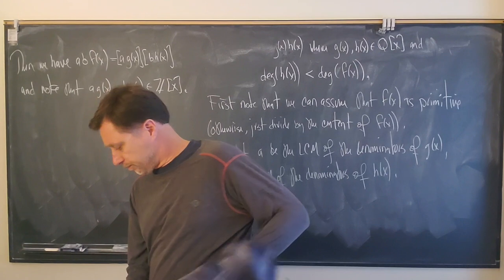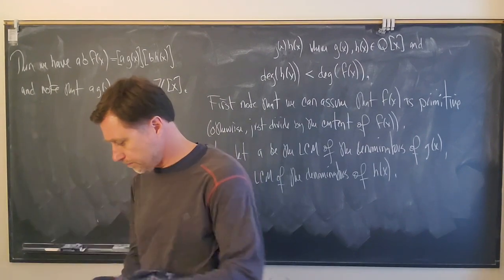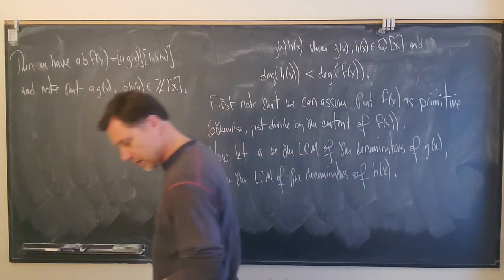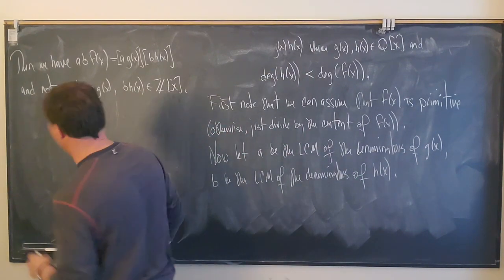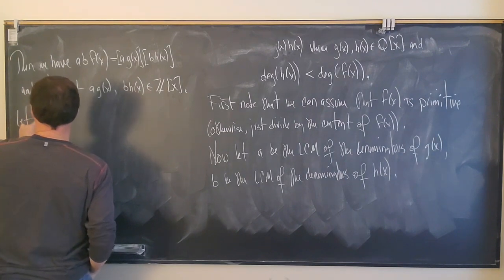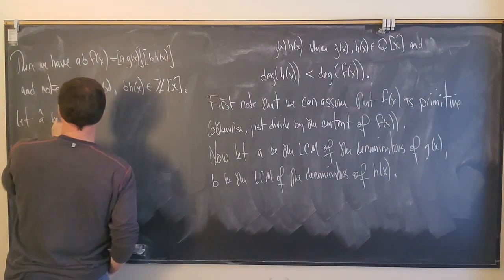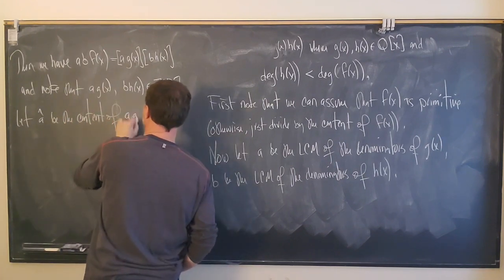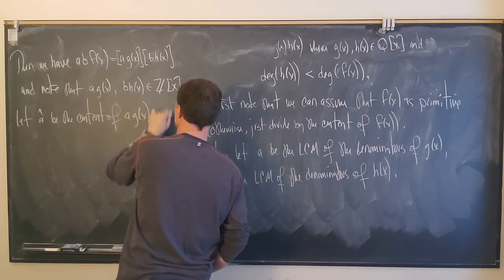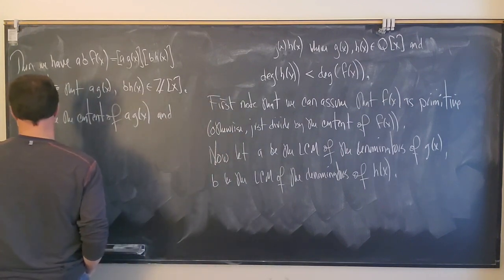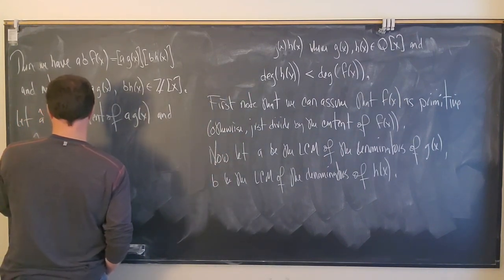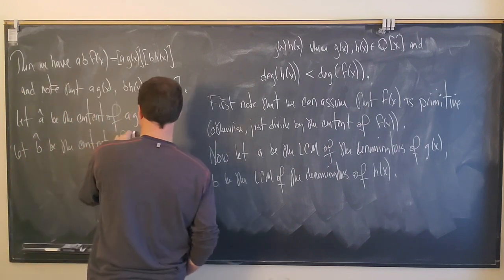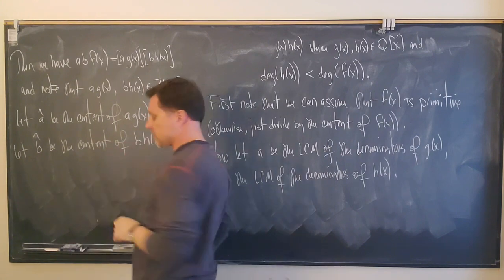All right, well, if they live in Z[x], then we can talk about the content. So let's call them a hat and b hat. Let a hat be the content of a g of x, and let b hat be the content of b times h of x.